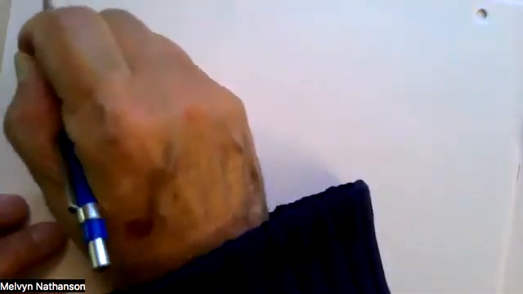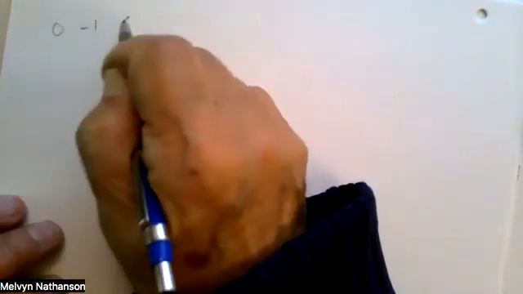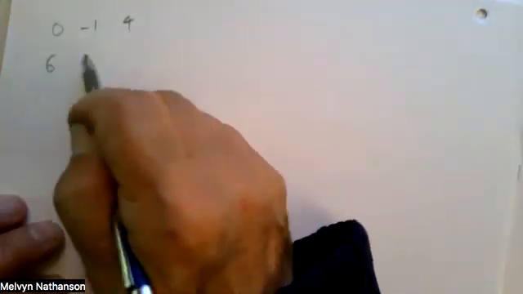So my matrix A that I started with was 2, minus 3, 0, 0, minus 1, 4, 6, 1, 0.